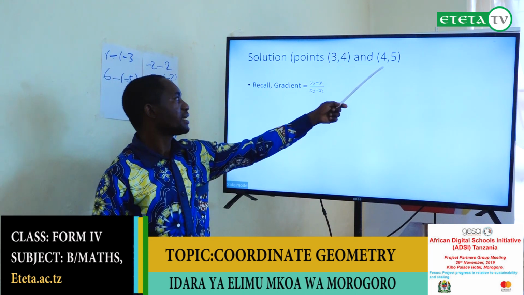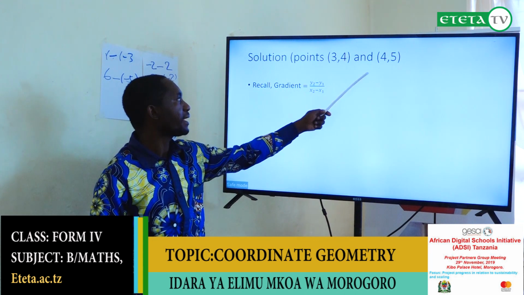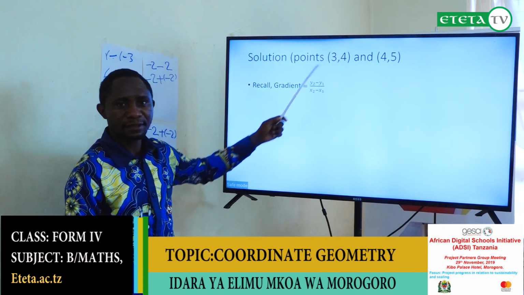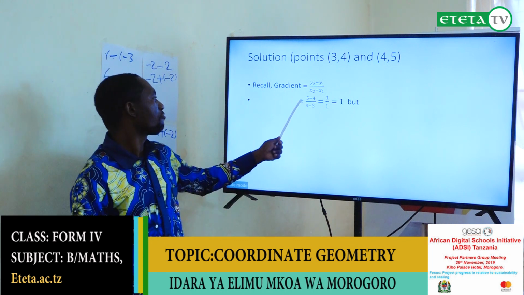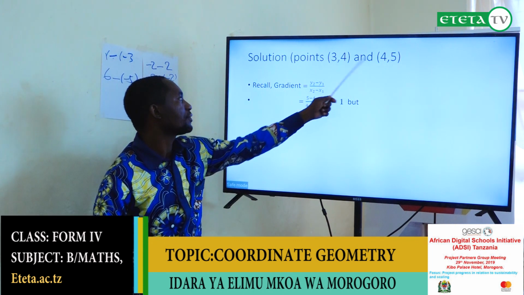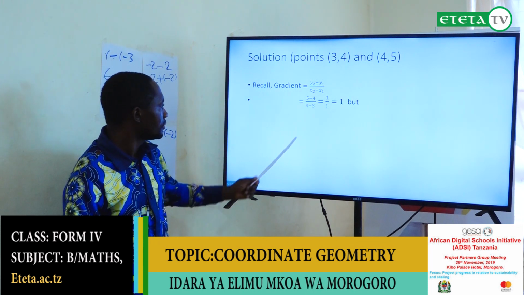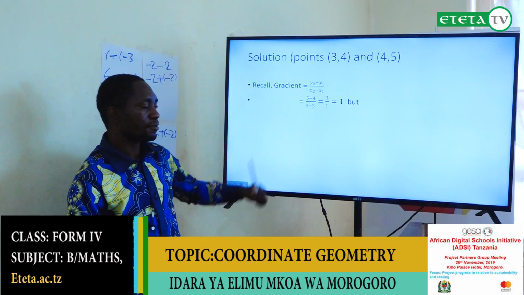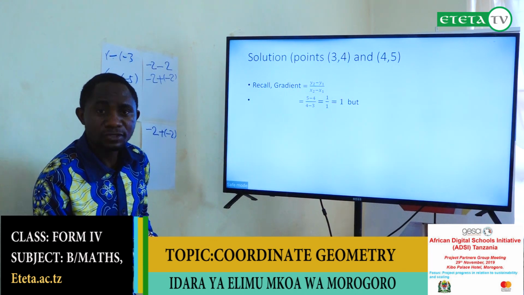So you take 5 minus 4 divided by x2, which is 4, minus 3. 5 minus 4 we get 1, divided by 4 minus 3 we get 1. Now 1 divided by 1 equals 1.